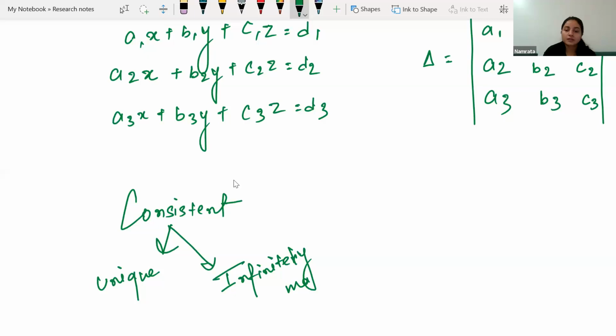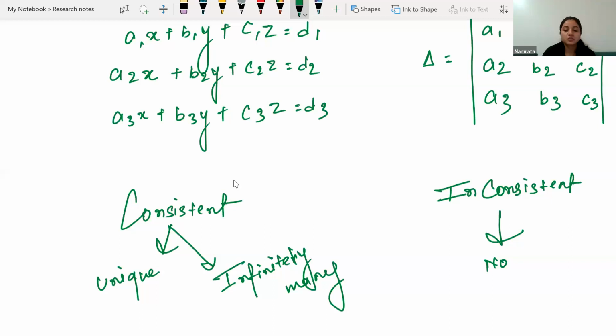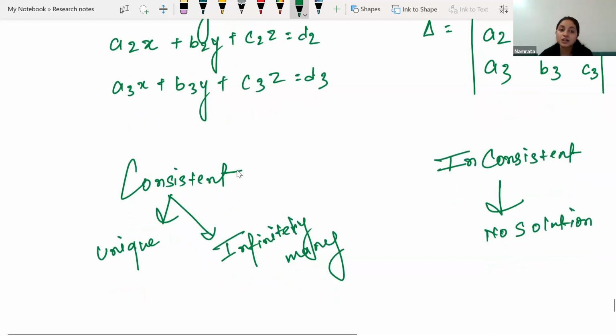If the question says the system is inconsistent, then we will be using the condition of no solution. So consistent means a solution will exist, either unique or infinitely many, and if the system is inconsistent, that means there will be no solution. According to the given statement, we will be using the condition.